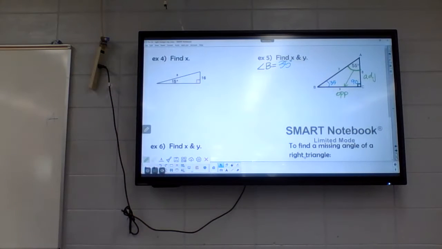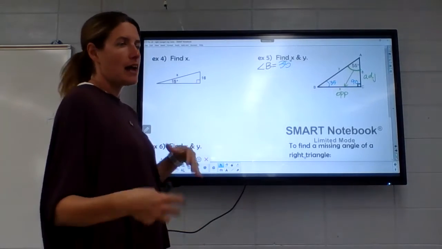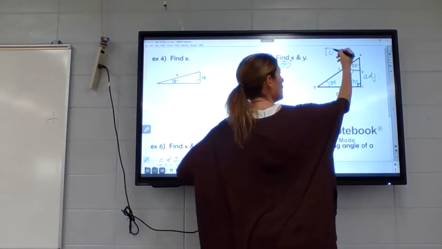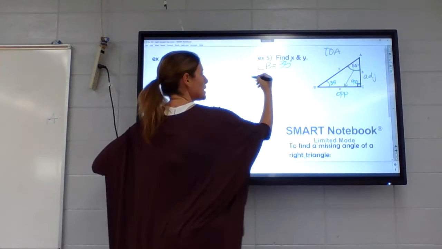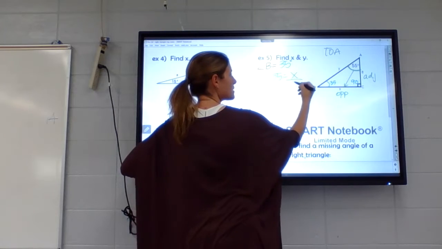So I can use tangent, and my x is going to be on the top of the fraction, which we prefer. So kind of going back to Drake's question about the homework question, having the variable in the denominator is just that extra step. So we're going to use TOA. So tangent of 55 equals x over 8.